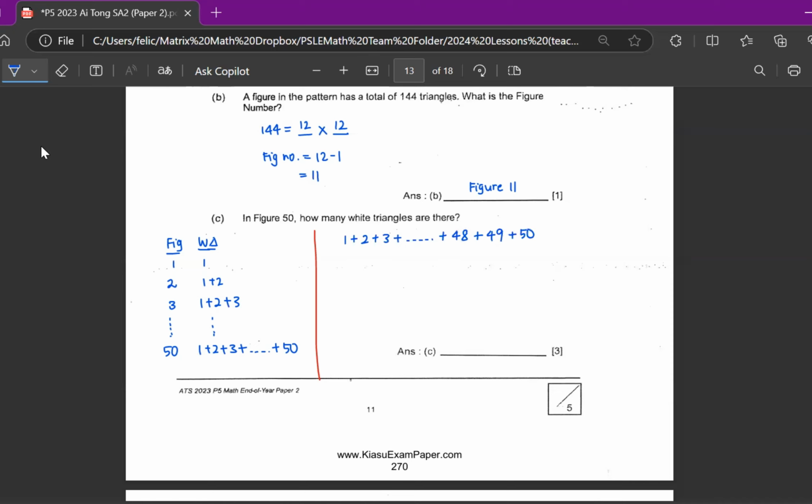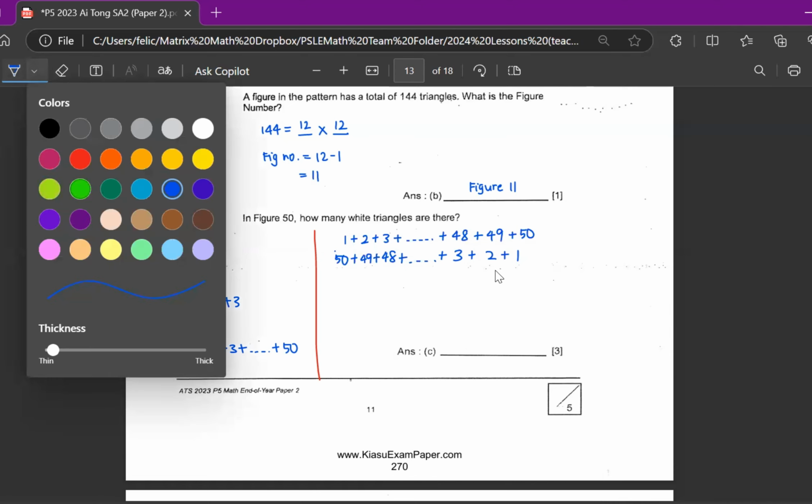Next, I'm going to write out the same expression, but this time in the reverse order: 50, 49, 48. When you write it, try to write it such that each number is directly underneath another number in the top series. Like this.